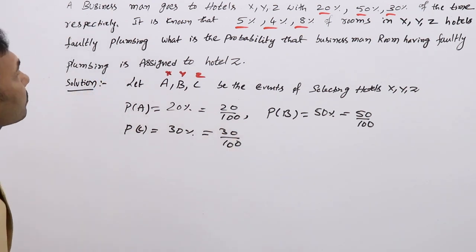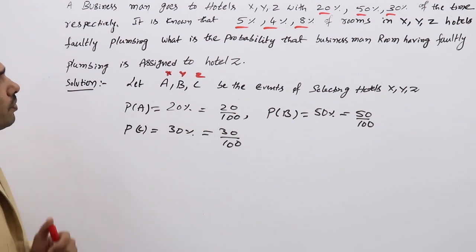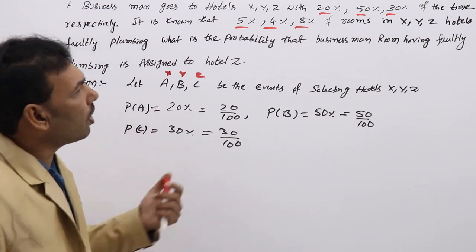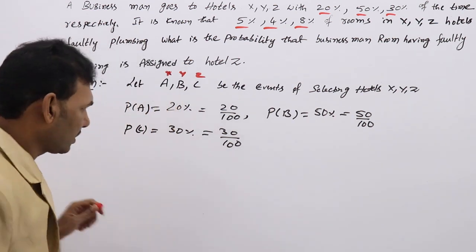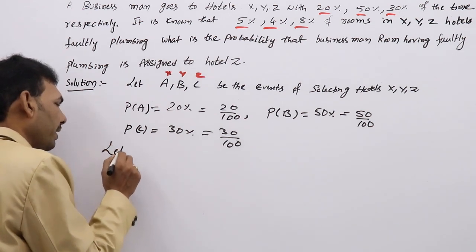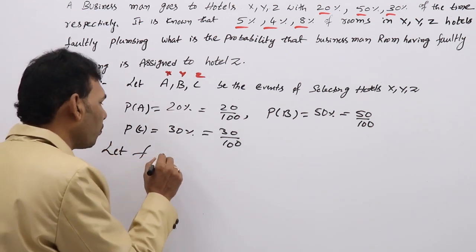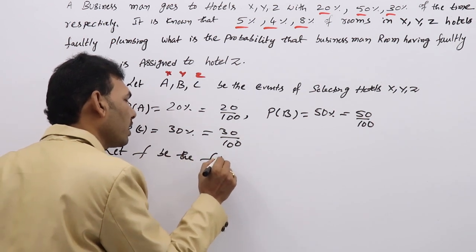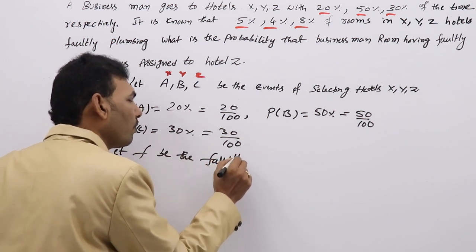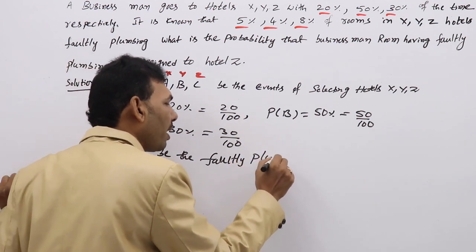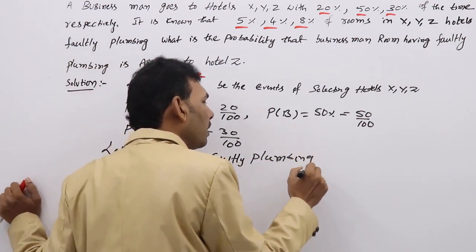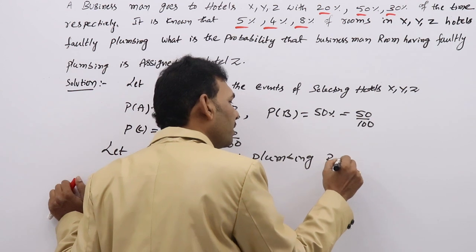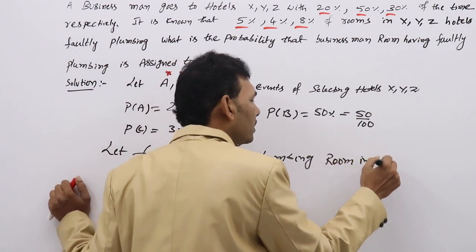Now we need to find the faulty plumbing probability. Let F be the event of faulty plumbing room in X, Y, Z hotels.